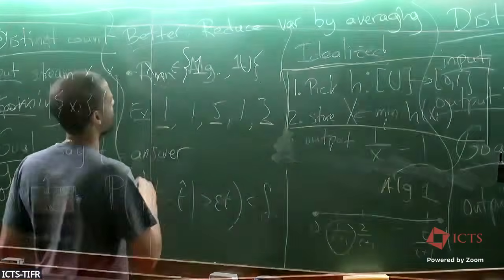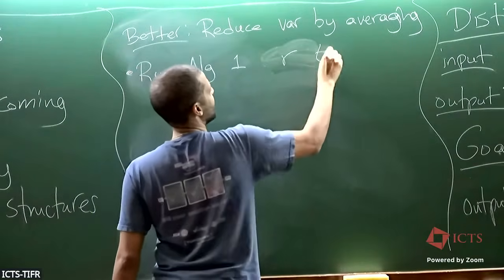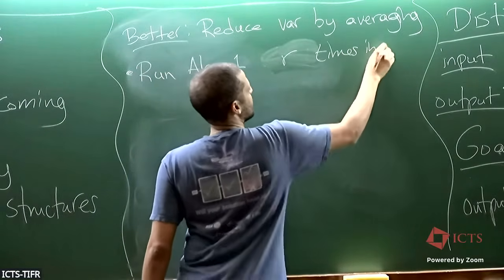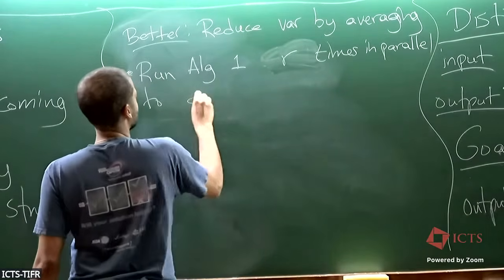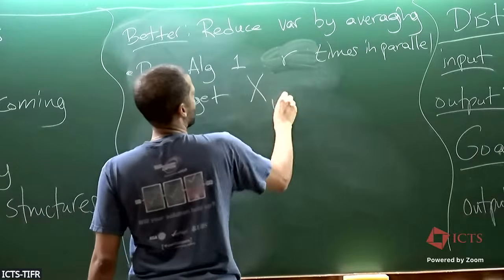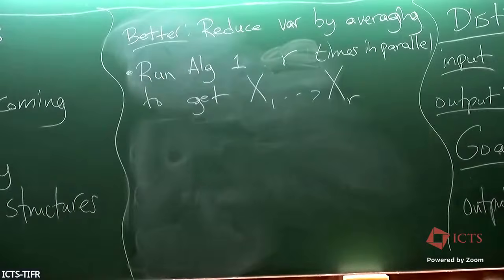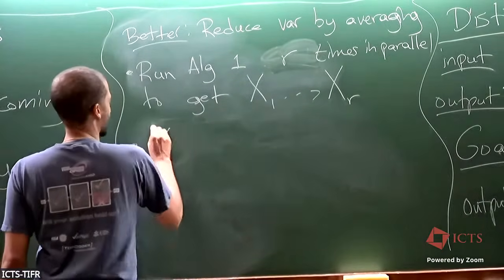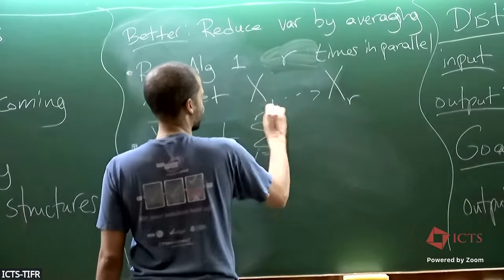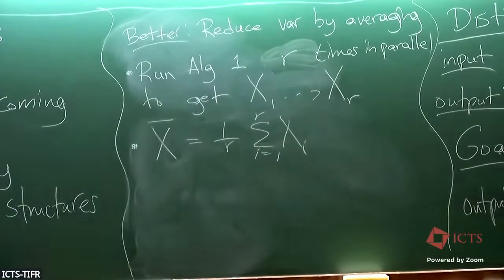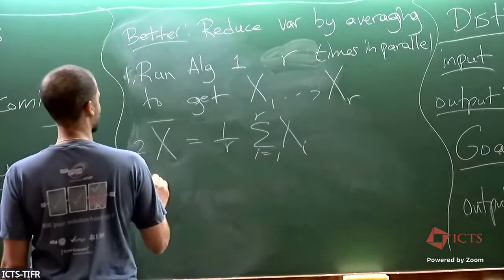Run algorithm 1 r times in parallel, with independent randomness, to get x1 up to xr. Then I'll set x bar to be 1 over r times the sum, i from 1 to r, of xi. So I average them together. Let's say this is my step 1, this is my step 2, and this is my step 3.